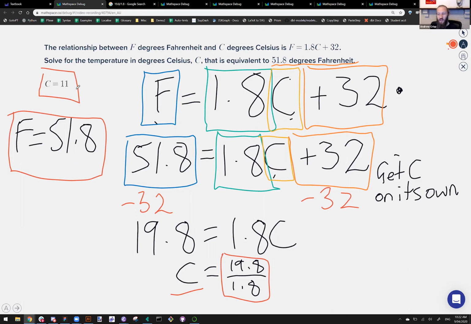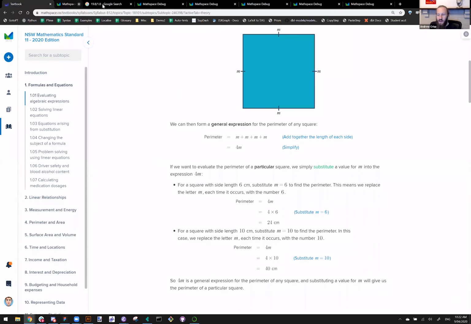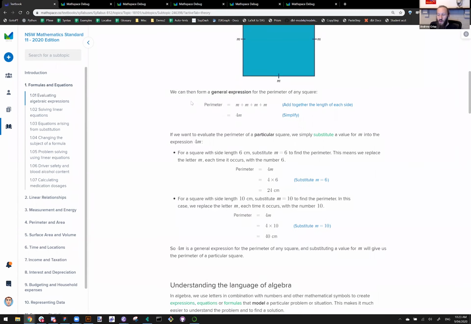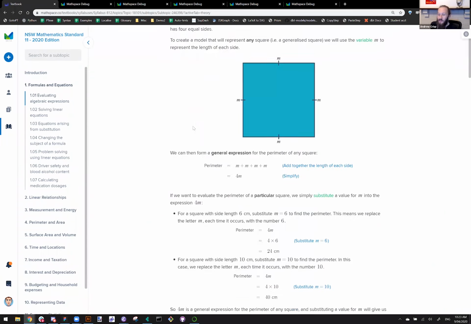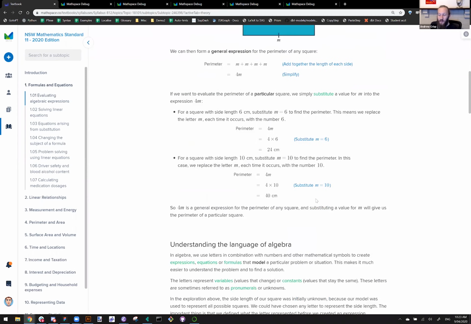With those two ideas in mind, the two I discussed in those last two questions, the first three subtopics should be ready for you to get started on. Make sure that you read the lesson. You can access the lesson either through the topics menu or through the textbook menu. And you can see how we evaluate algebraic expressions.